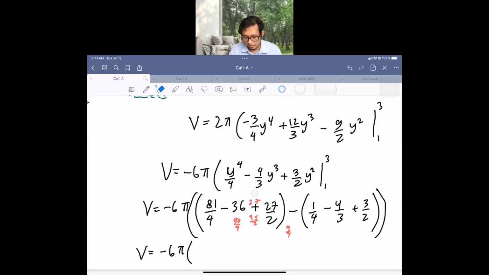Let me just type it in quickly. Oh, it should be directly negative 8 over 3. So this should be equal to 16 pi.